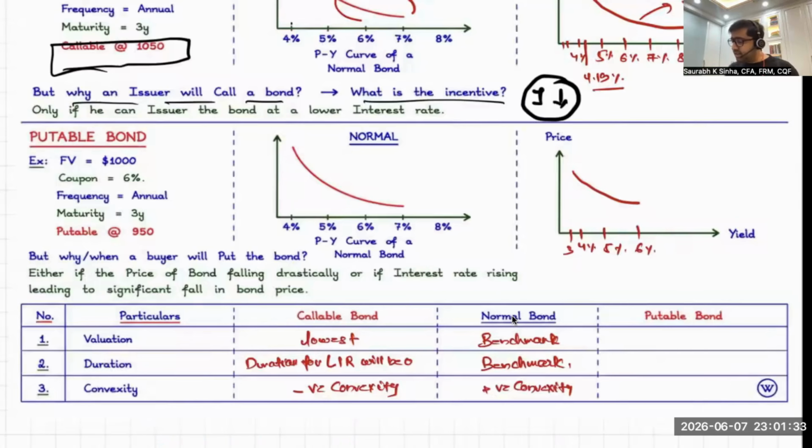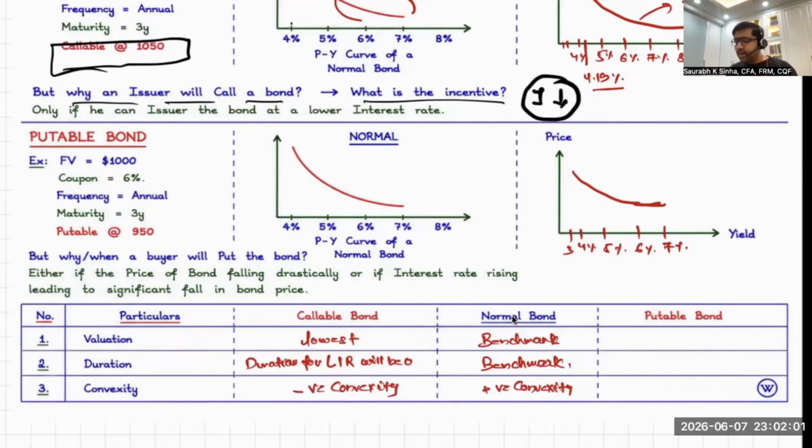So at 7%, the price is 973. If I sell this bond to anyone, they will buy at 973. That's fine, it's not below 950. Why would you sell this bond at 950 to the issuer if you can sell it in the market at 973? You won't. So at 7%, there won't be any impact.